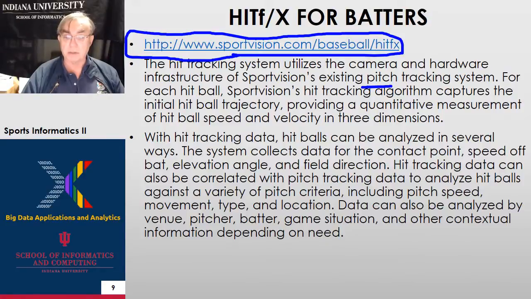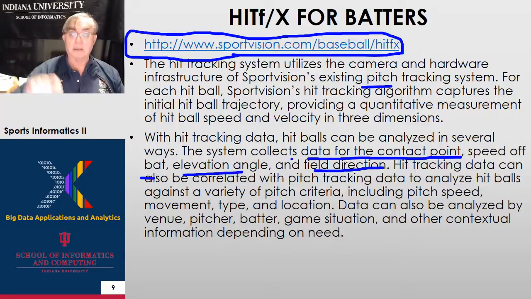So here I pointed out when you do video like this, you convert the video into numbers, such as the contact point, the speed of the bat, the angle, and the direction in the field. These are the ones that allow you to do physics, apply it to a particular ballpark with a particular humidity and a particular air density corresponding to its height to decide whether in that ballpark this particular hit would have been a home run, a catch, or what have you.